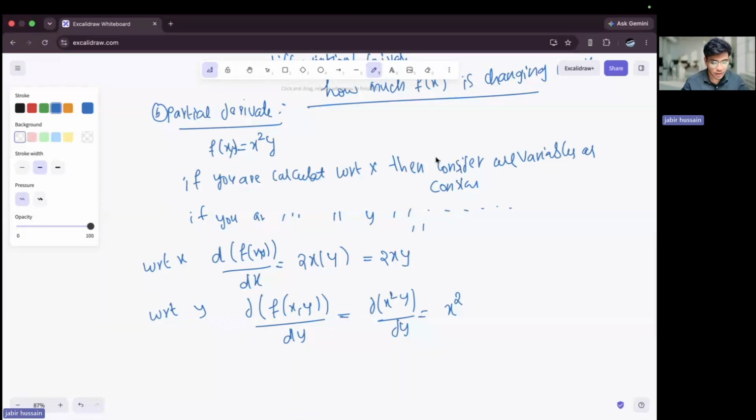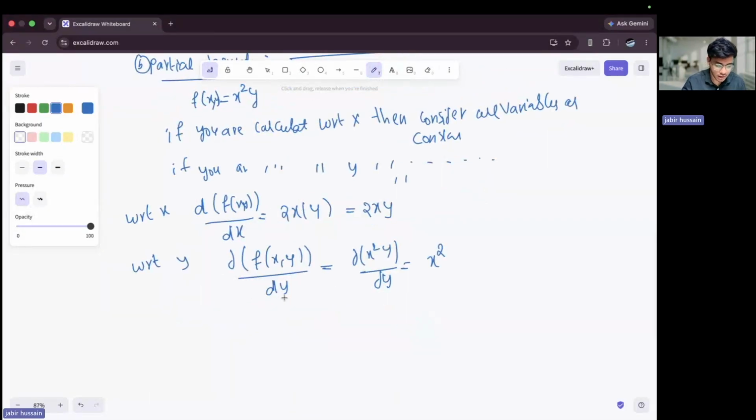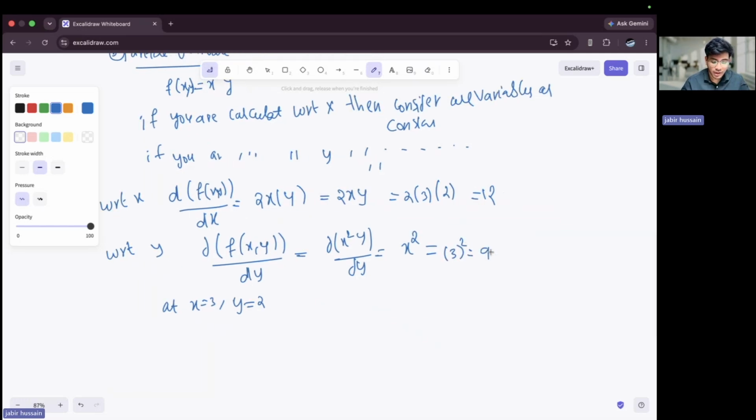Now, if you want to calculate how much the function is changing, say at x is equal to 3 and y is equal to 2, then you will get 2 into 3 into 2, which is 12. And this will be 3 square, which is 9.